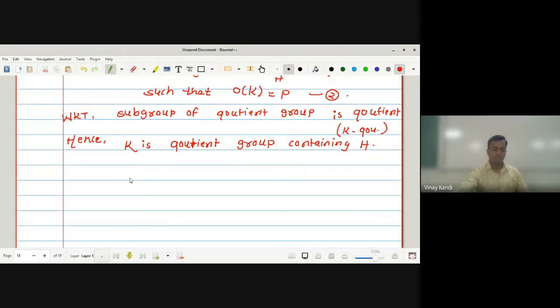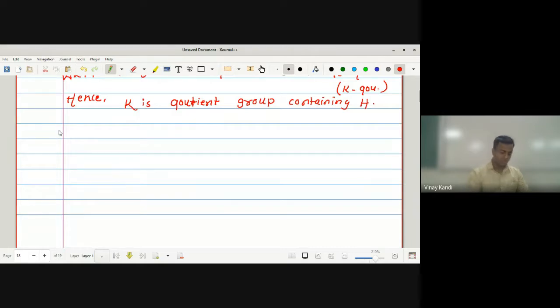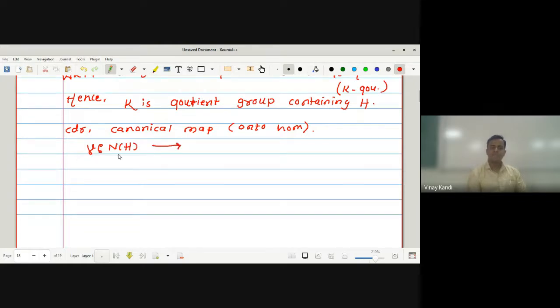आहे का? ओके. आता ह्याच्या पुढे आपल्याला एक मॅपिंग डिफाइन करायचं आहे. Consider canonical map. Canonical is nothing but onto homomorphism. Okay. Canonical map, that is nothing but onto homomorphism map. Okay. Such that gamma is the mapping from N of H to the quotient group N of H upon H. Okay.